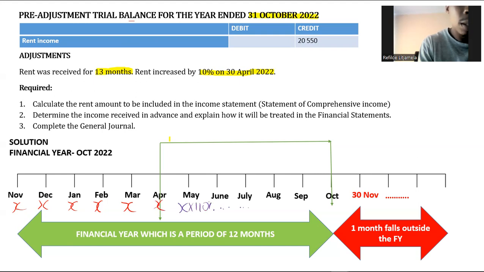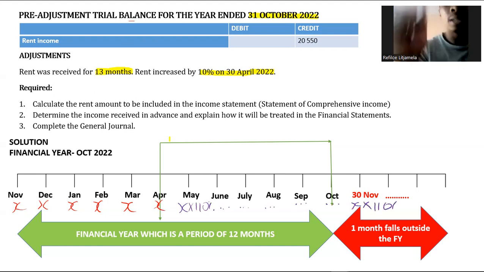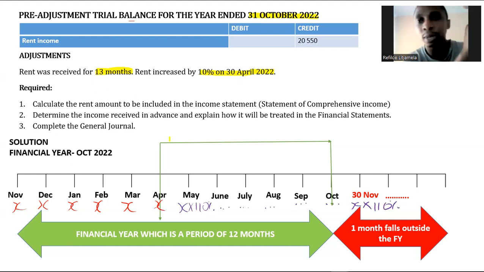In August, X times 110%. In September, X times 110%. In October, X times 110%. And in November, X times 110%. It was no longer at 100%. It has now increased. That's why it is now at 110%. Now, it was X for how many months?